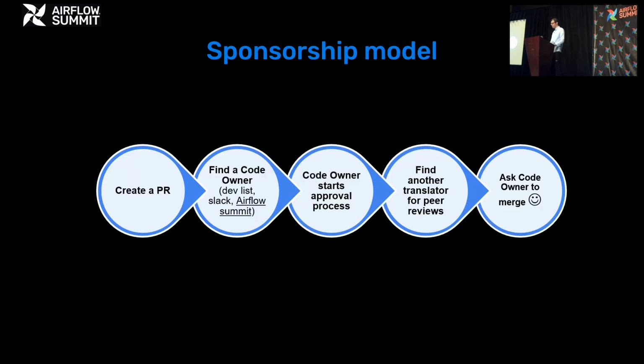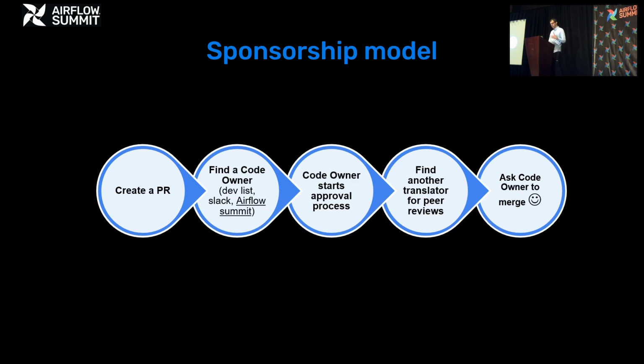So this is the overall process for contributing a translation. First you create a pull request, then you find the code owner. You could do it in the dev list, Slack, or even here in the summit. The code owner starts the approval process in the Apache Airflow dev list, and the entire approval process is described in the policy.